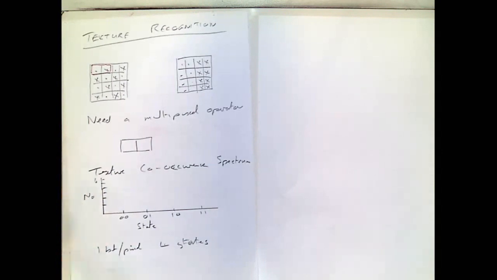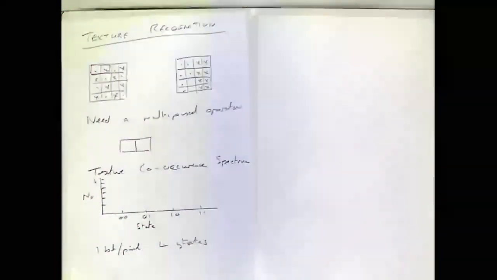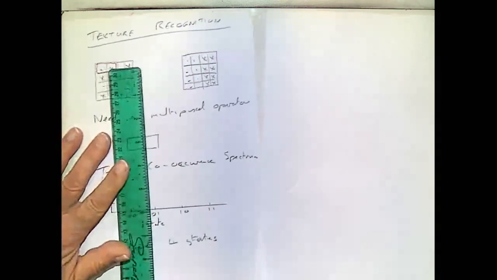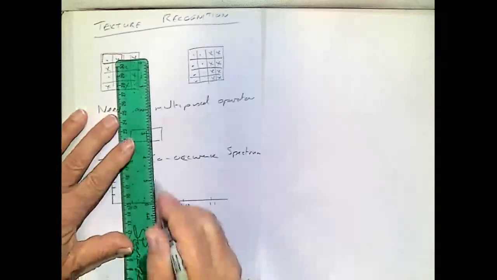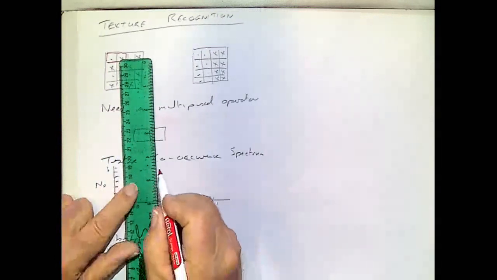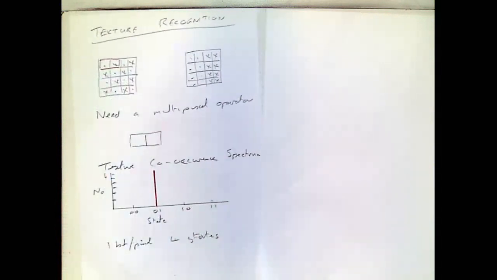So we are going to get an entry there of 6. Right, how many states of 1, 0?